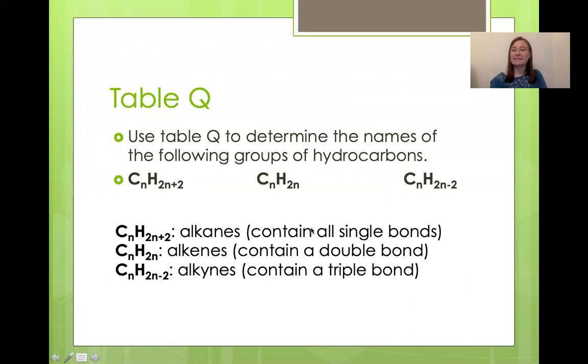The alkanes all contain all single bonds. It's all carbons with all single bonds. The alkenes have a double bond, and the alkynes each have a triple bond. So those are our three big groups of hydrocarbons: alkanes with all single bonds, alkenes which have one double bond, it's not all double bonds, it's one double bond, and alkynes which have one triple bond.